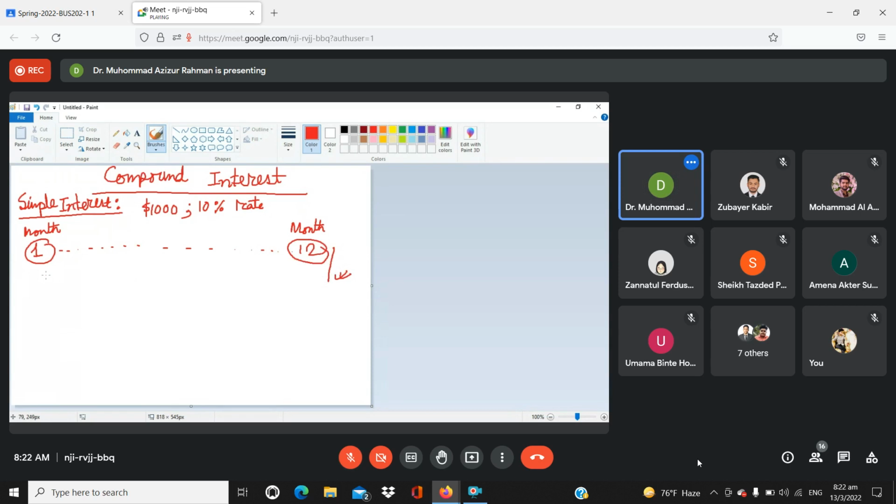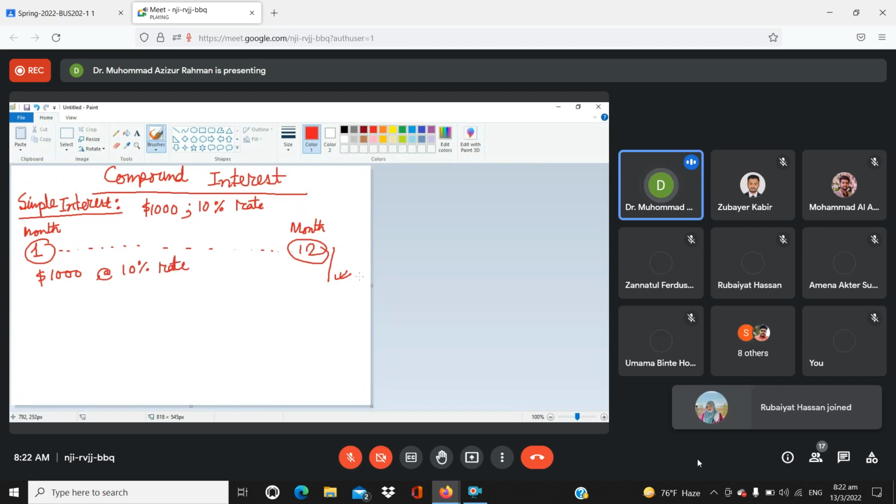If you are investing $1,000 at a 10% interest rate, at the end of 12 months, how much interest do you get?